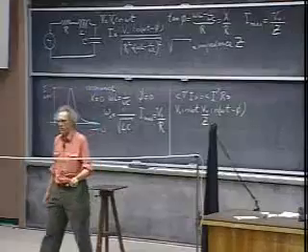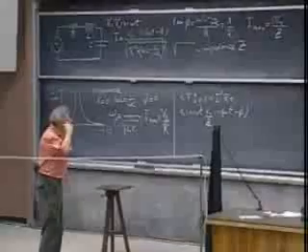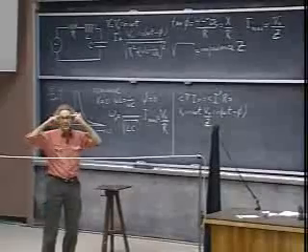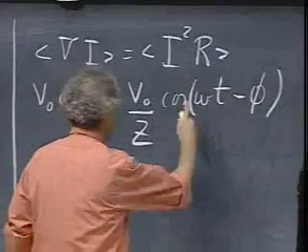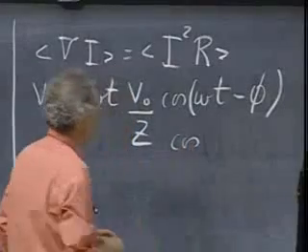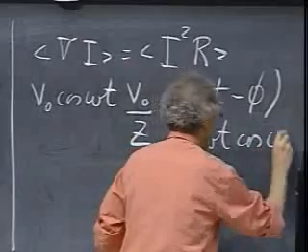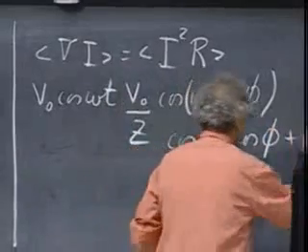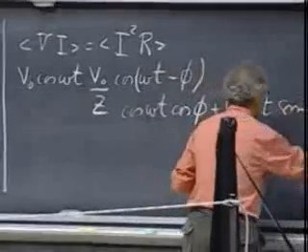Cosine alpha minus beta is cosine alpha cosine beta plus sine alpha sine beta. That was drilled into my memory here. I will never forget that, I think. And so I will write down here, my math teacher will be proud of me, cosine omega t cosine phi plus sine omega t sine phi.